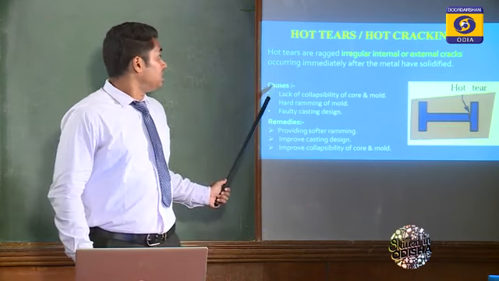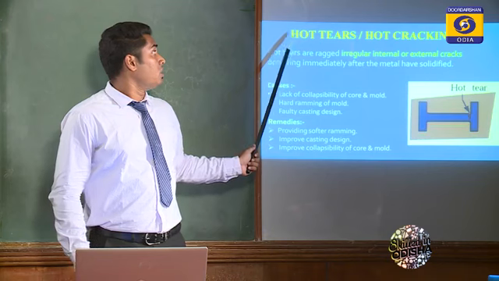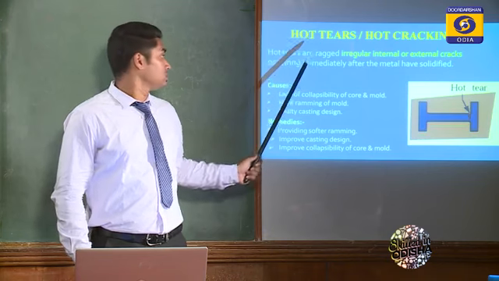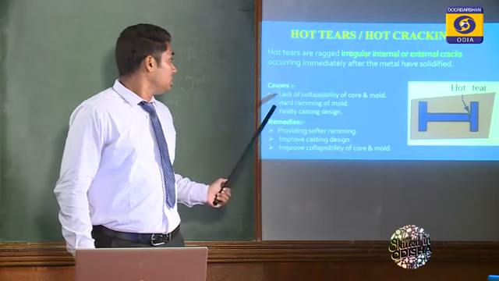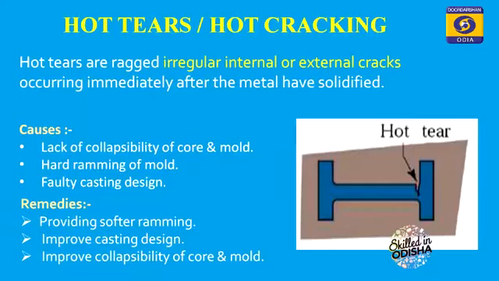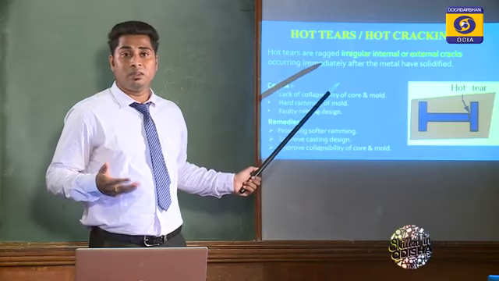So what are the reasons for these hot tears casting defects? Lack of collapsibility of core and mold. If ramming of the mold is very hard, then the hot tears casting defect will appear. And if the casting design is faulty, then also this defect will happen.